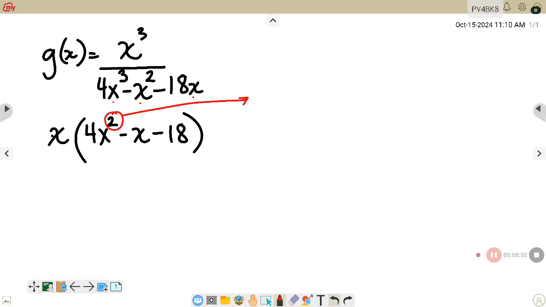This shortcut means I can put that a, b, and c into my quad calculator. So a would be 4, b would be negative 1, and c would be negative 18.